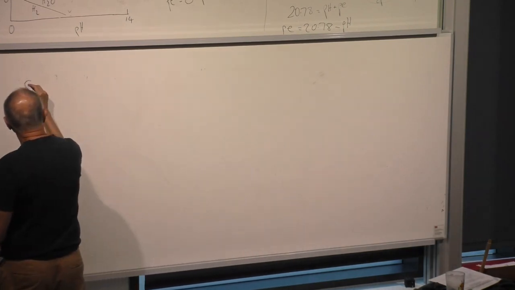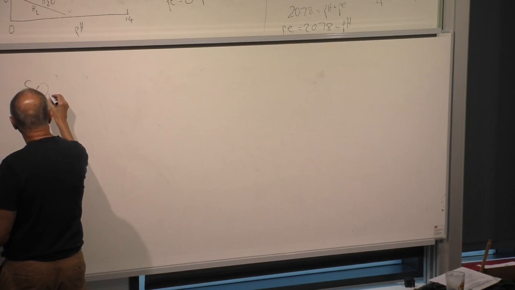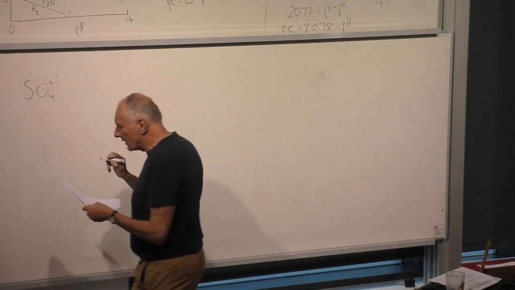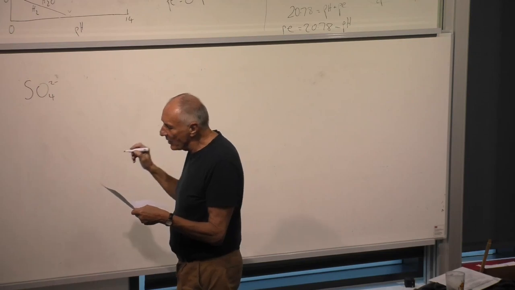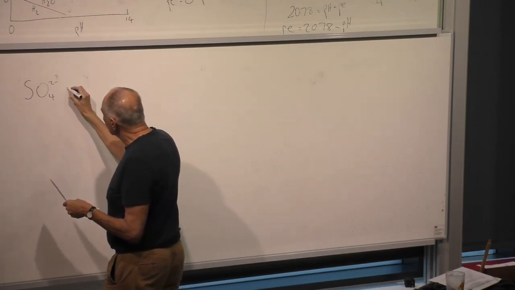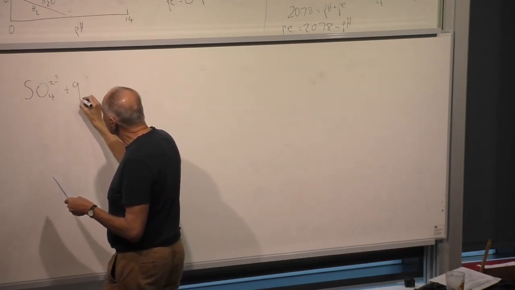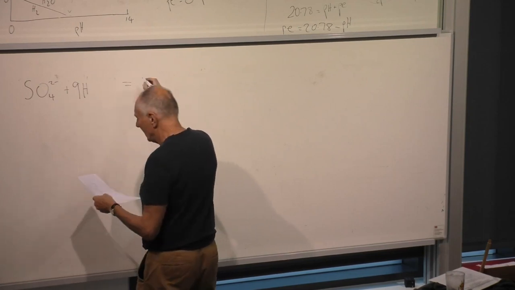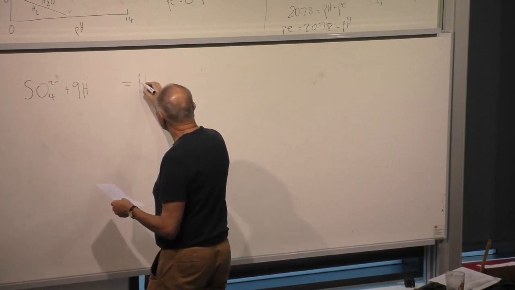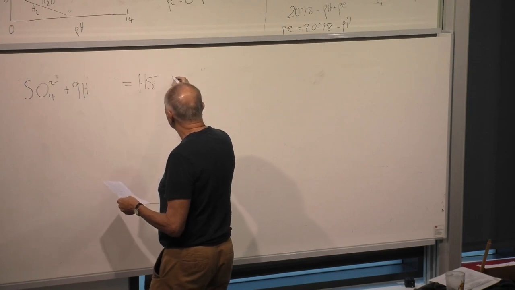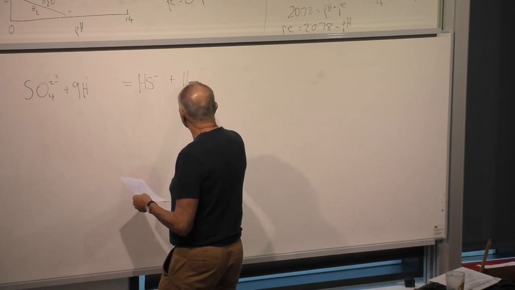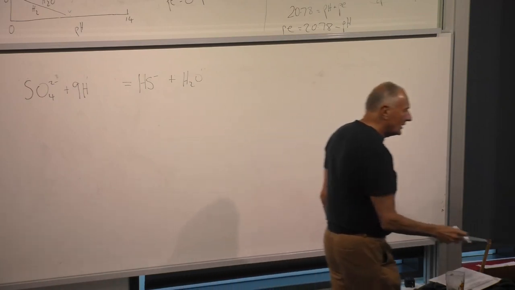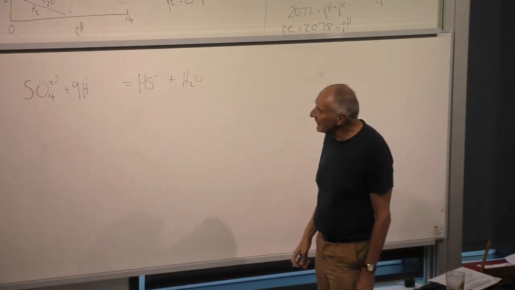So here's SO4 2 minus. And this time I'm going to reduce it to HS minus. Okay? So plus 9H plus. Well, no, just see if I can balance it. So that's HS minus plus H2O. Alright. So instead of reading it out, see if I could do it.